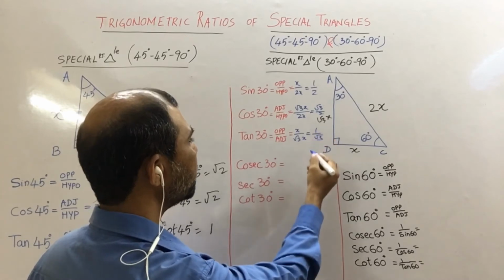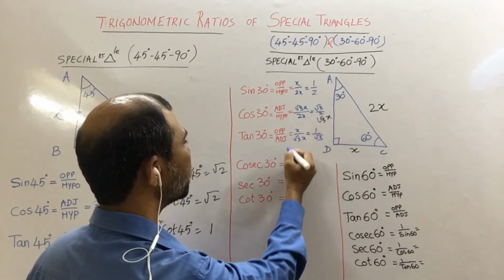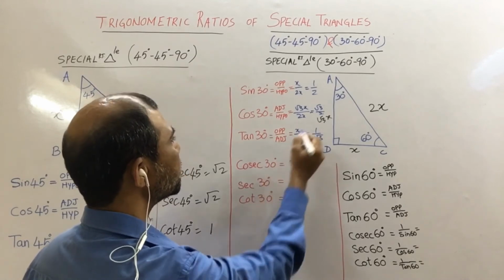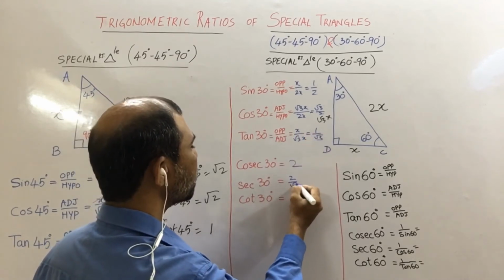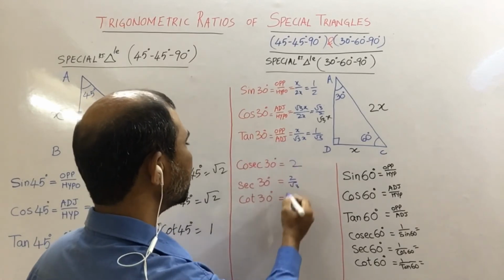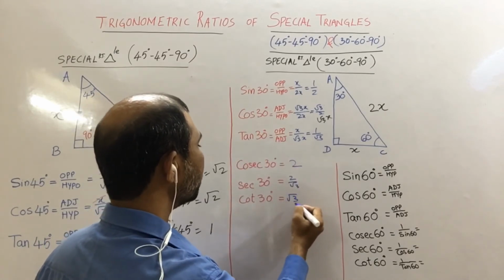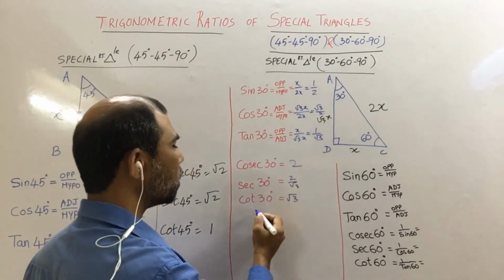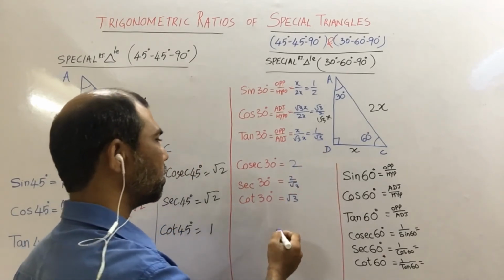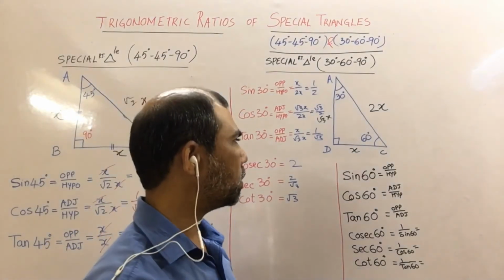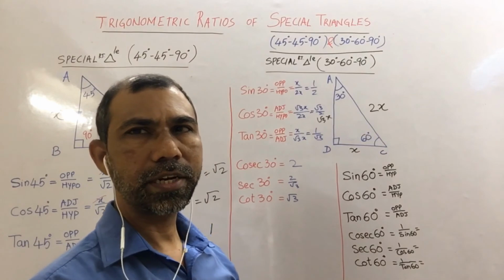So let us find the reciprocals of these values. 1 over 2 reciprocal is 2, cosecant 30 is 2, secant is 2 over square root of 3, and here tan 30 is equal to 1 over root 3, that is cot 30 is the reciprocal of the value. Same way we can calculate the values for 60 degrees.